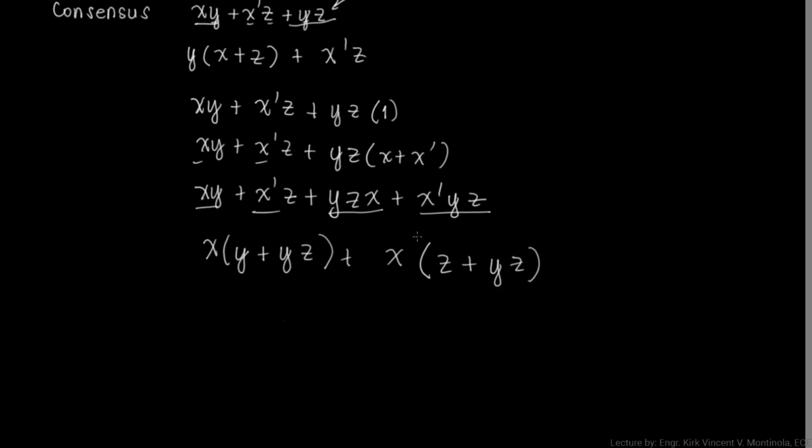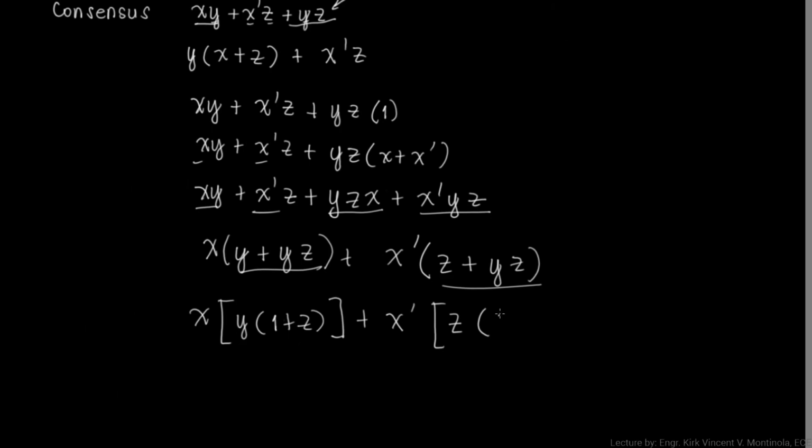Inside, we can also factor out y, which becomes 1 plus z. Then plus x prime, and on the other side we can factor out z, so we have z times (1 plus y).